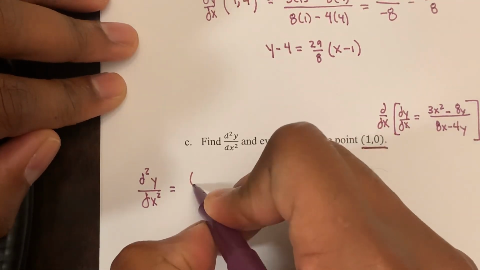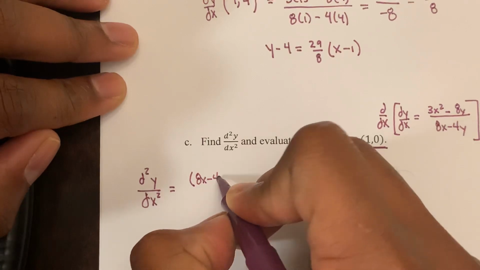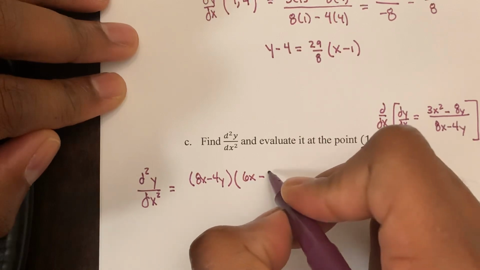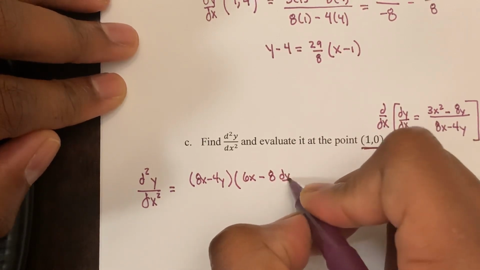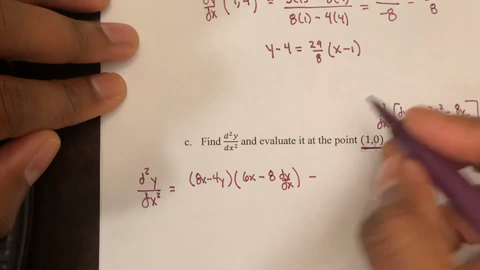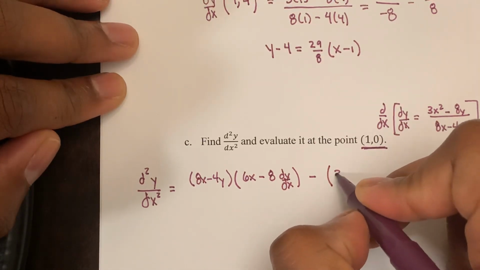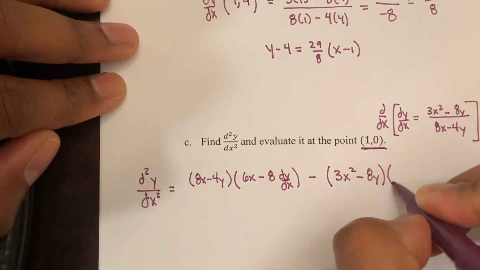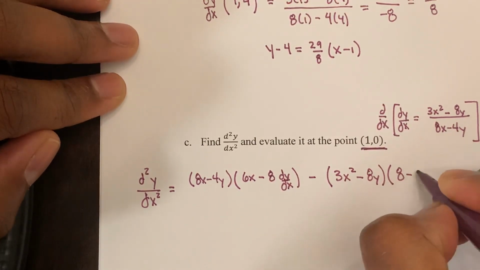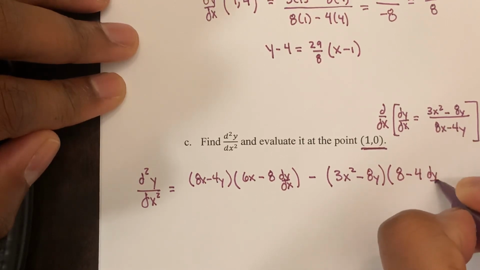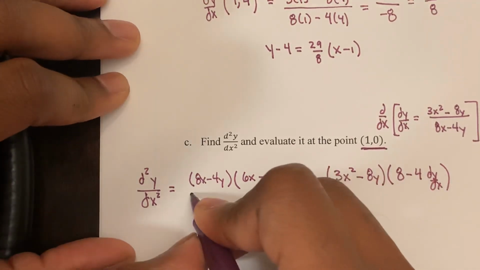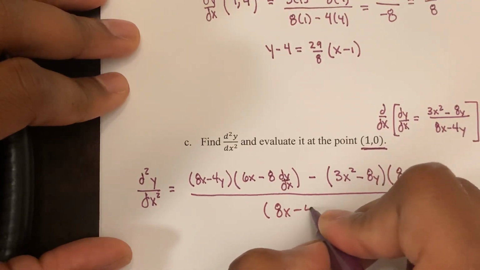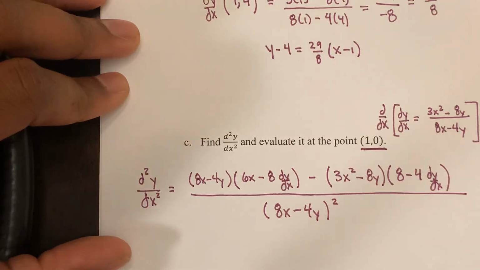That's going to be the low function 8x minus 4y times the derivative of the top, which is 6x minus 8 dy over dx, minus the high function, which is 3x squared minus 8y, times the derivative of the bottom, which is 8 minus 4 dy over dx. And all of this is over 8x minus 4y squared.